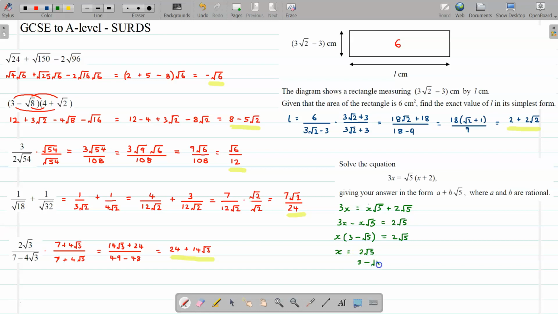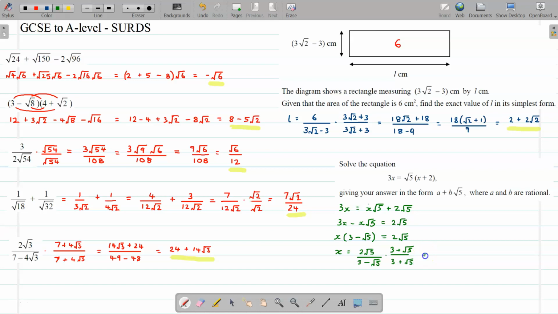Now, using the same techniques we used in the previous two questions, I'm going to take that fraction I've just written down and multiply it by 3 plus root 5 over 3 plus root 5, and we will end up with a rational denominator, as we did before.